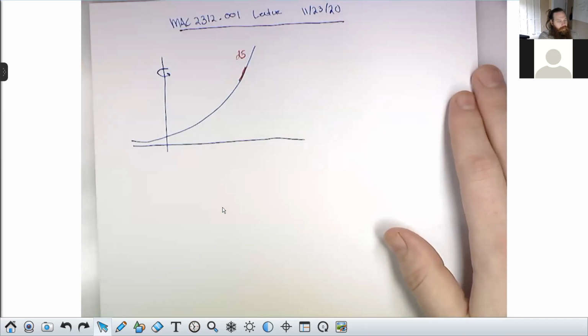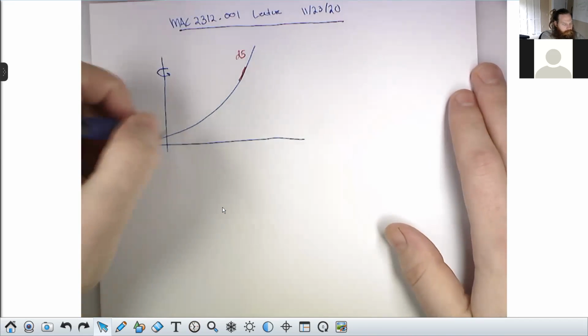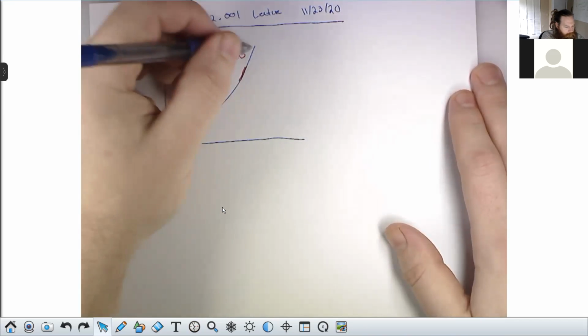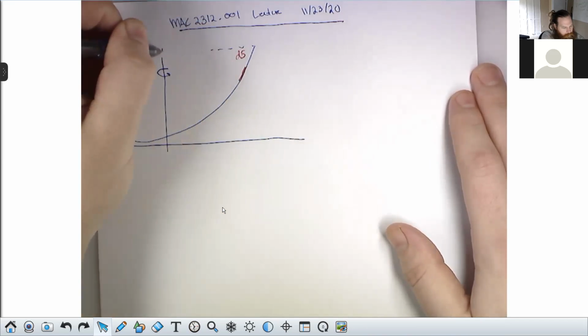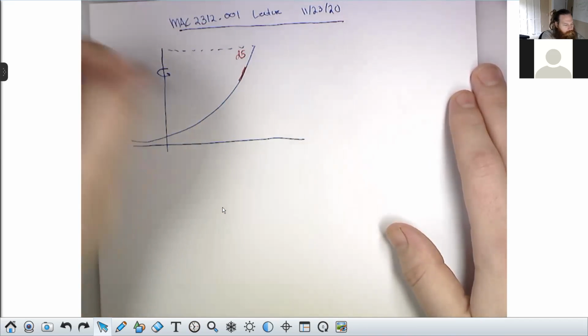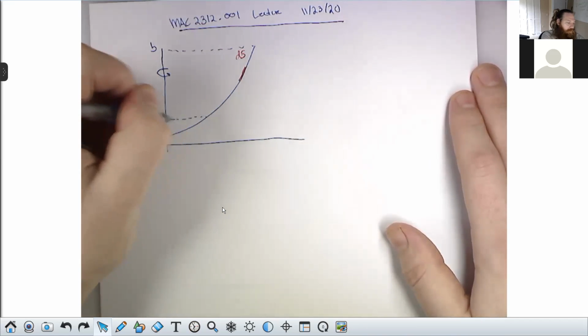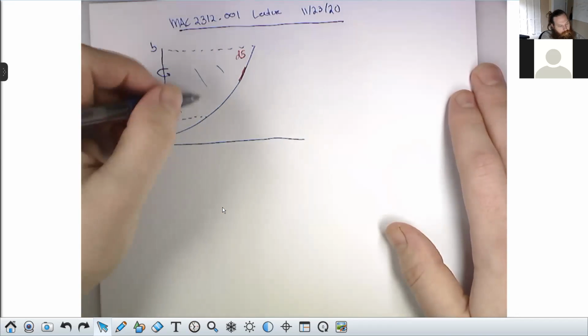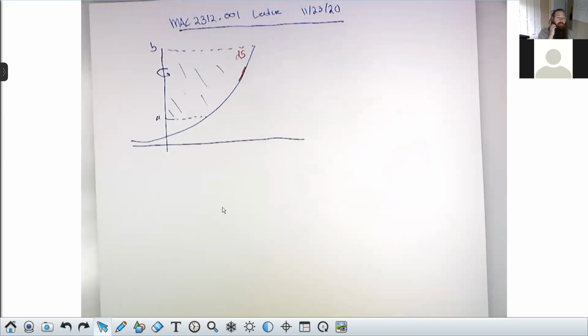If I wanted to find the surface area of this solid, say, bounded from here to here, I would be rotating this region. And the game here, now that I'm not rotating about the x-axis anymore, changes in a meaningful way. There's more than one way to think of this.